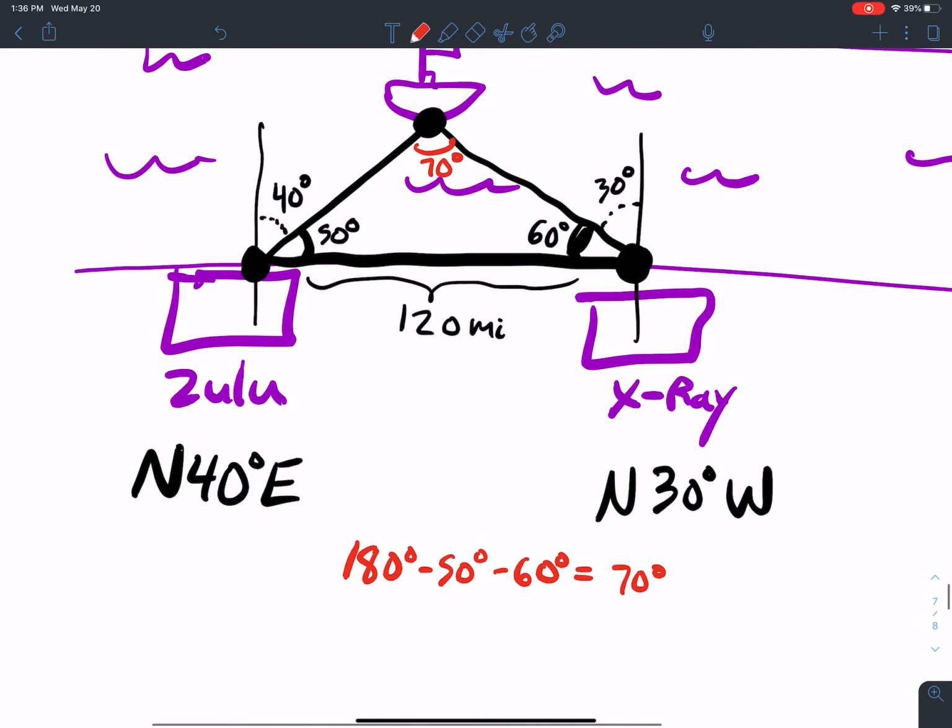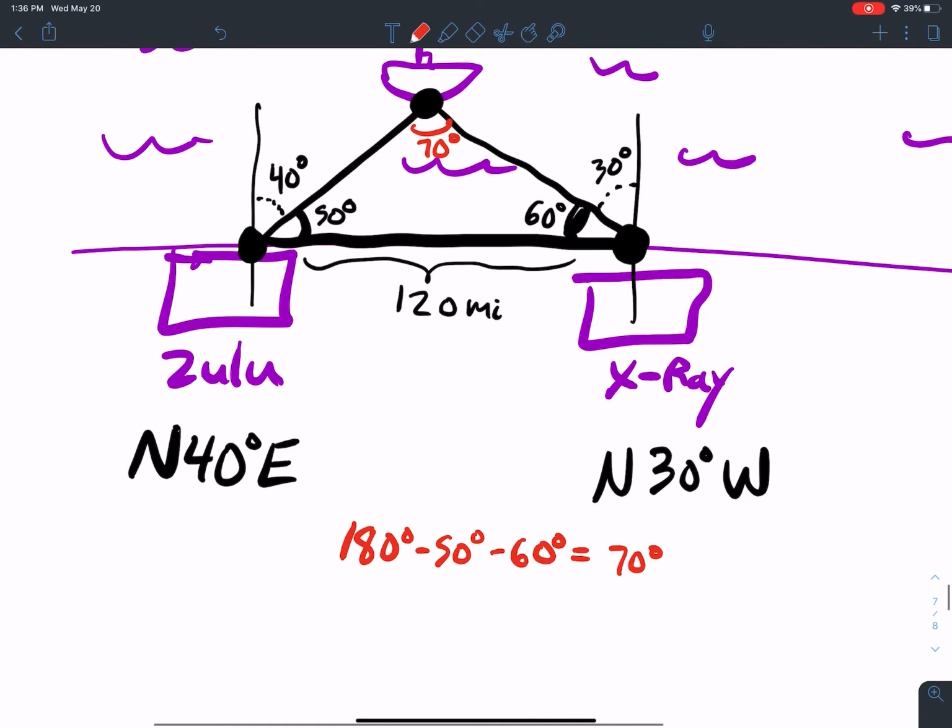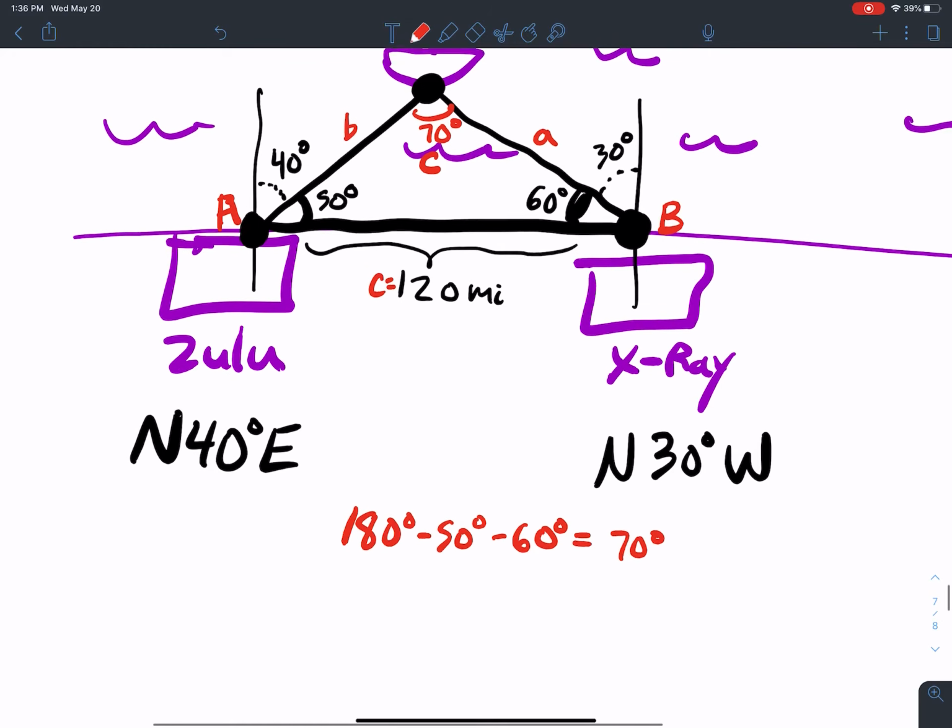Now let's use our trigonometry. So let's call this angle C. That means this is the little side c. Let's call this capital A, and then this capital B, and so that's the little b here.